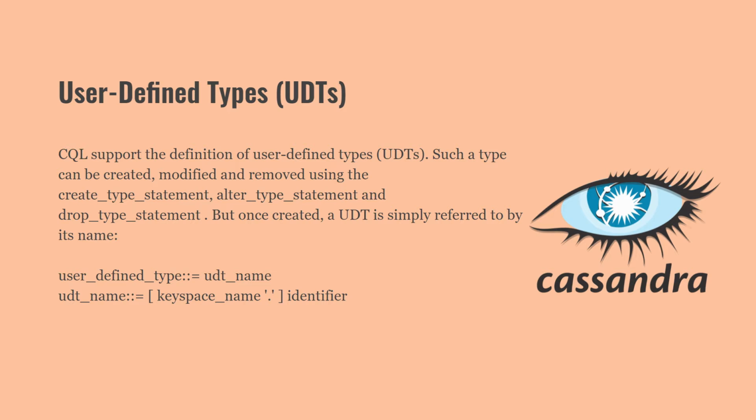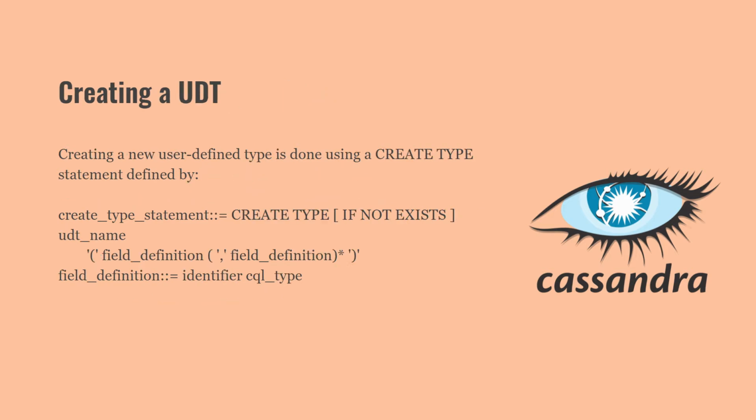User defined type equals UDT name, equals keyspace name followed by an identifier. So let's create a UDT.